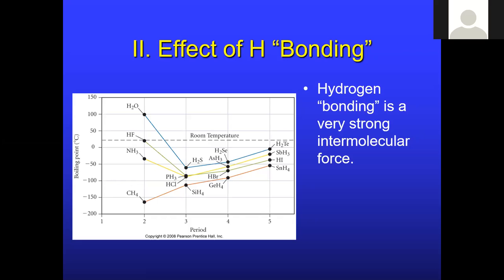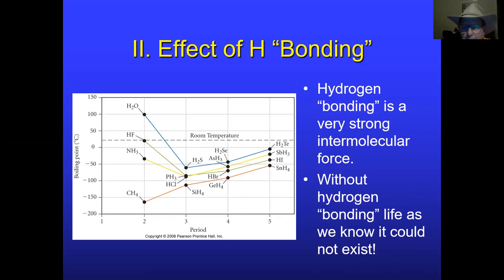So if we're living in Florida, where it gets to be 90 to 100 degrees, our bodies still stay at 37 degrees Celsius because the water in our bodies is able to absorb this heat. Another reason why water is a miracle chemical. Without hydrogen bonding, life wouldn't exist.